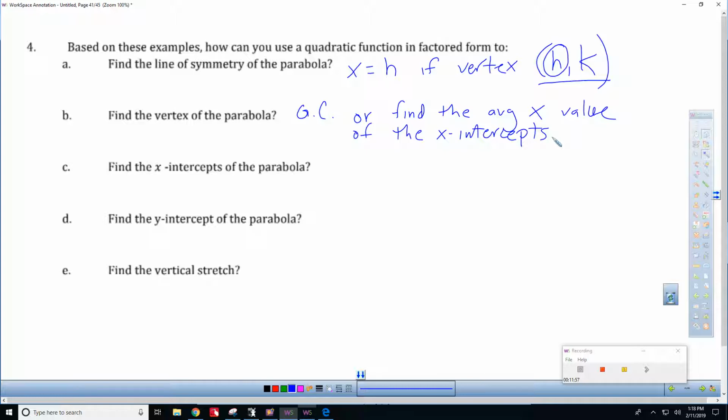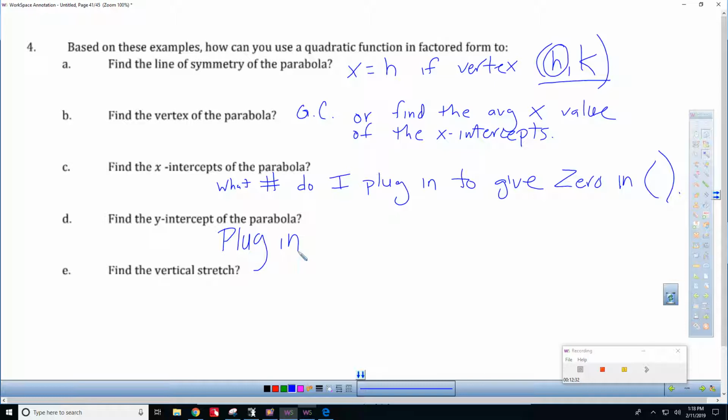How do you find the x-intercepts? What numbers do I plug in to give 0 in the parentheses? Right? That's how I did that. How do you find the y-intercept?